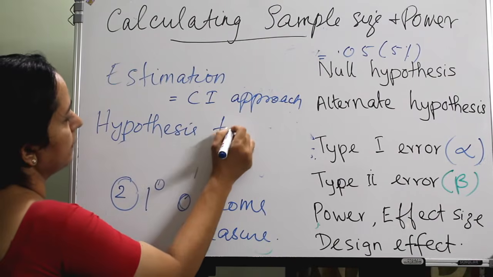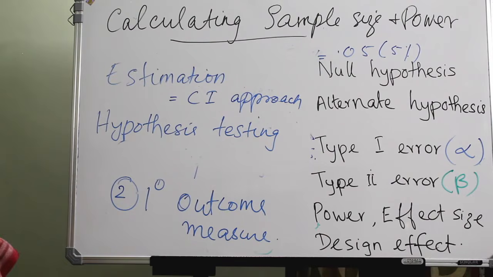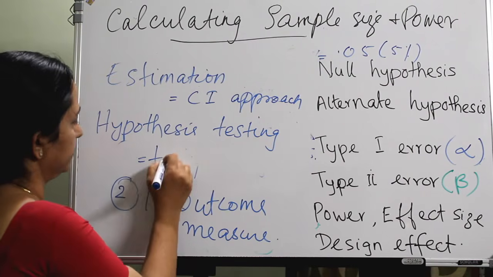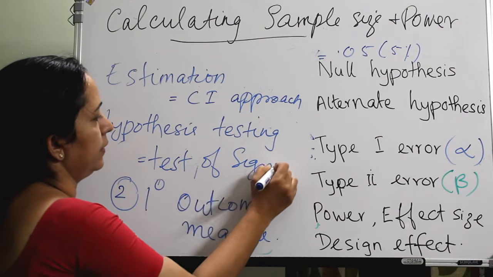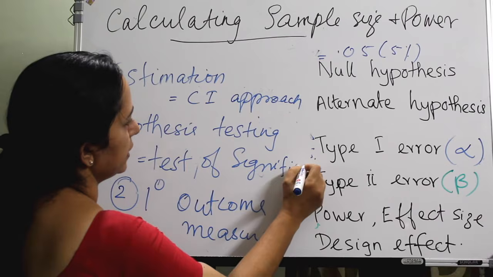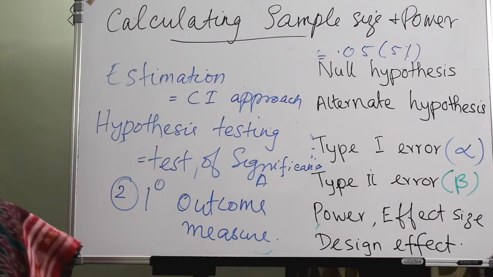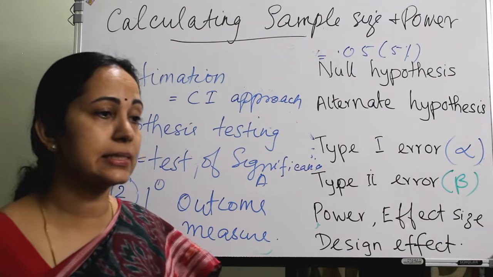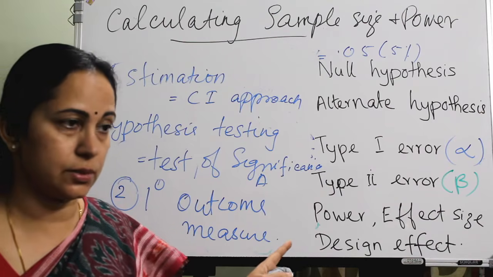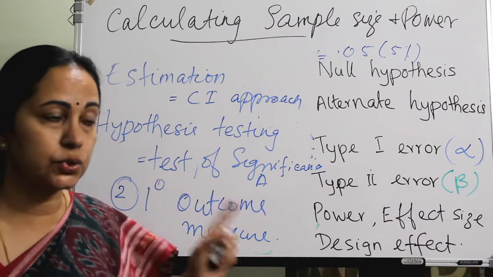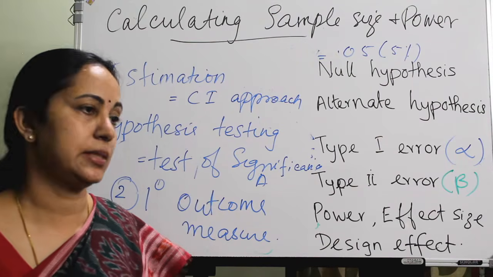Hypothesis testing. It is the test of significance approach. Okay. Test of significance approach. That is, the tests of significance are like chi-square test, t-test, z-test, finding the p-value, etc. So, by all these means, a researcher should know in which conditions, which are the formulas and methods to find out sample size.